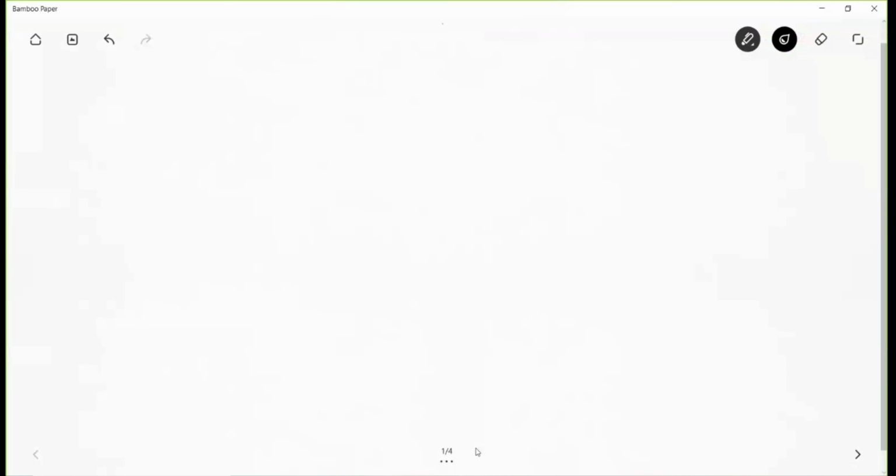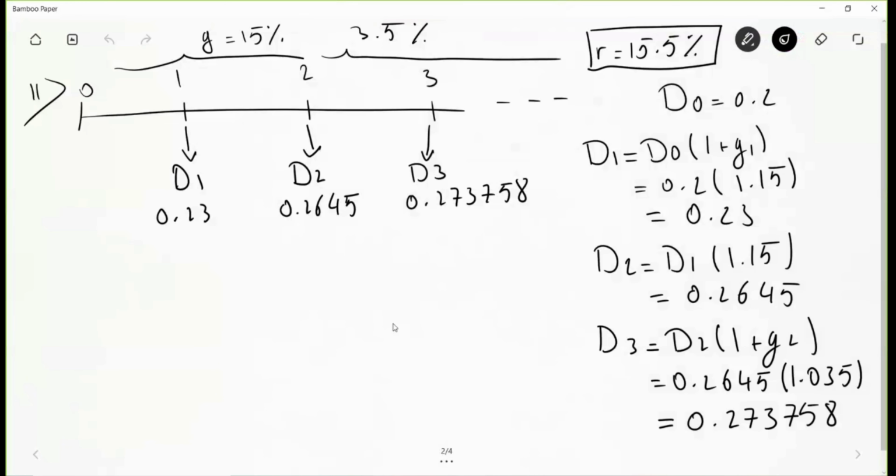So here, let's see what will happen with this type of problems. Here I already have the timeline for problem 11. So here I have a dividend D0 equals 0.2, and the discount rate is 15.5%.